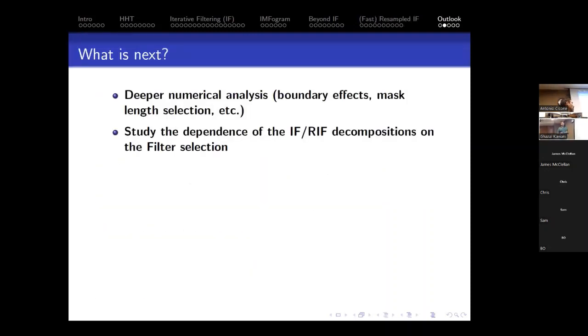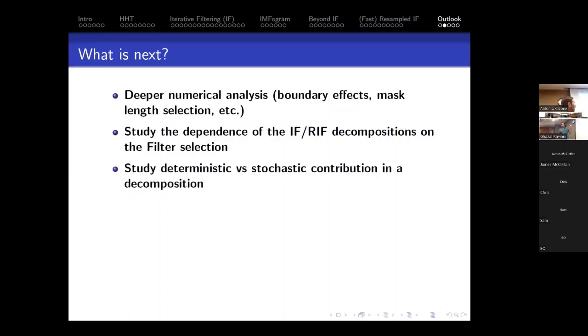I mean, more mathematical analysis. We love to make analysis of everything, but there are unanswered questions, like how much the filter plays a big role. Our understanding is that it's not a big role, but we never dug a lot in that direction. The other big question is, what if your signal contains a stochastic contribution? Why is the method going to split in a certain way, and how much can you distinguish between stochastic and deterministic contributions?